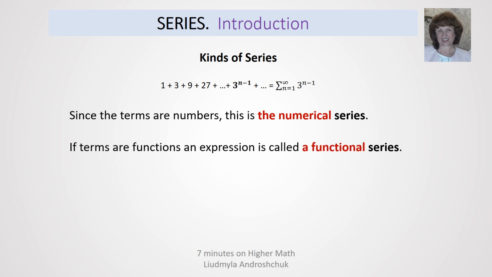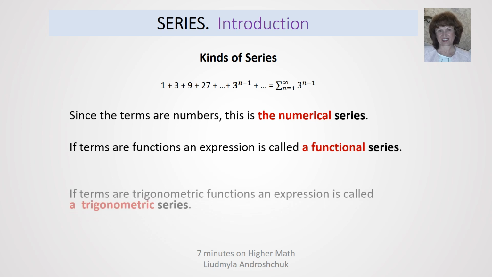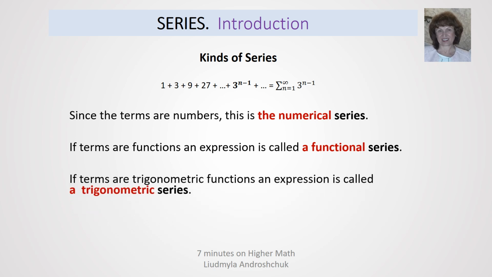And one more case, when terms of a series are trigonometric functions, such a series is called trigonometric. So the name of the series depends on the kinds of the terms which the series contains.